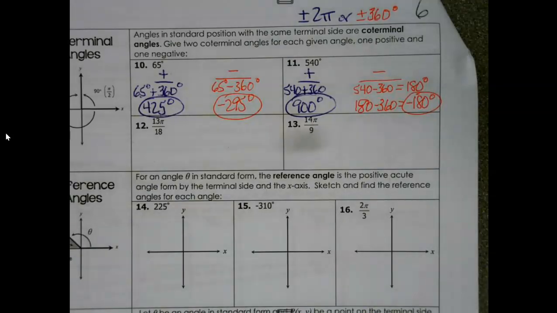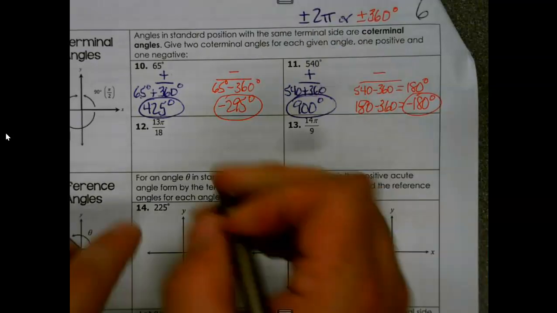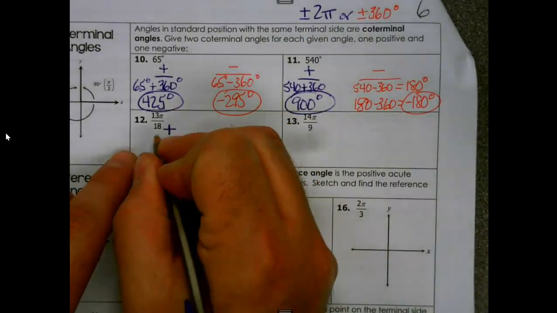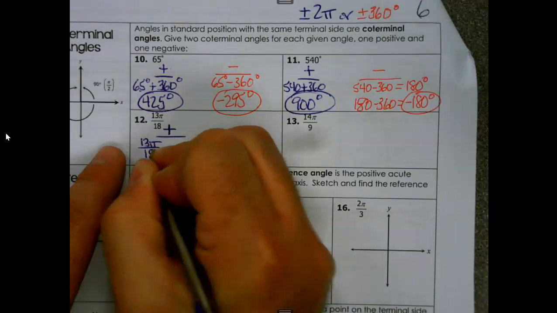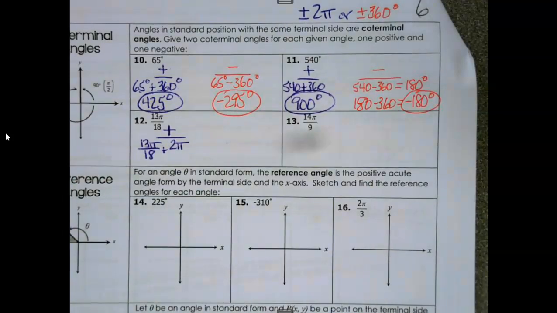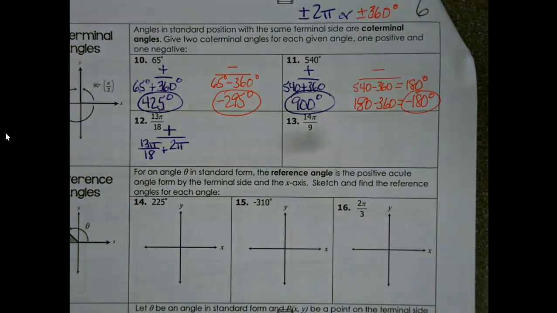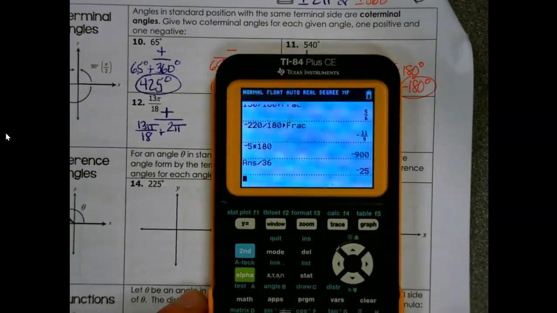So let's do this one the classic way. For my positive, I'm going to do 13 pi over 18 plus 2 pi. How do I do that? Don't put the pi in the calculator.